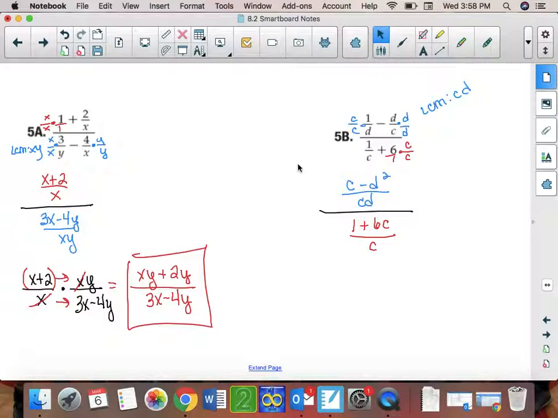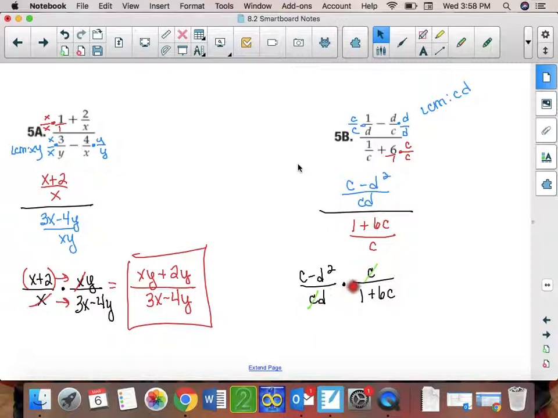And then once I have two fractions, I'm going to keep the top as is, change division to multiplication, flip the bottom. And then where I can cancel, I will. So I can cancel those c's right there. And I can do that because this cd right here is not a binomial, that's a monomial.